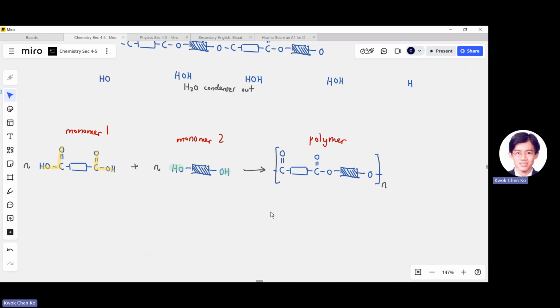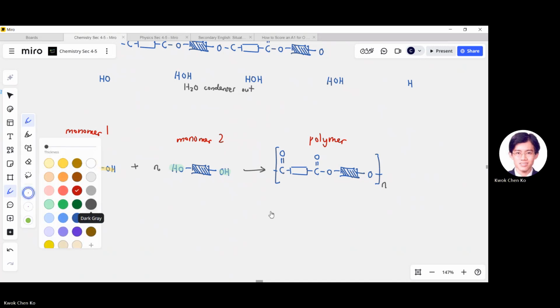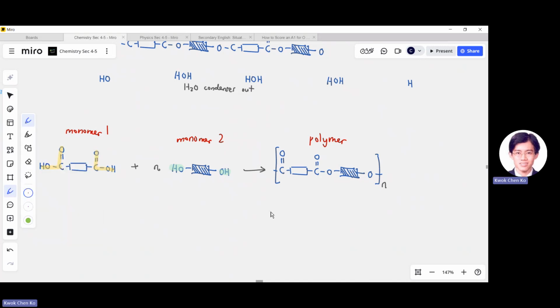What is missing? What is missing from the equation? What else should I add inside? Yes, water. How many moles of water? 2. Yeah. Okay, should be 2 H2O.